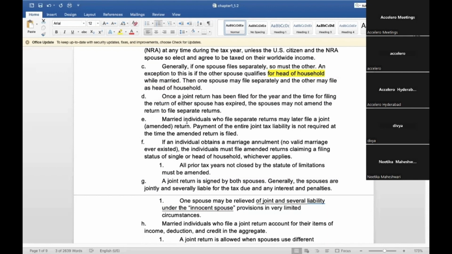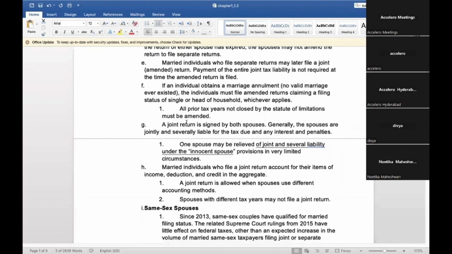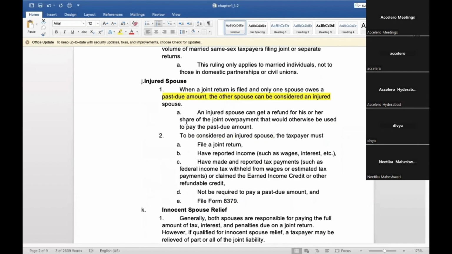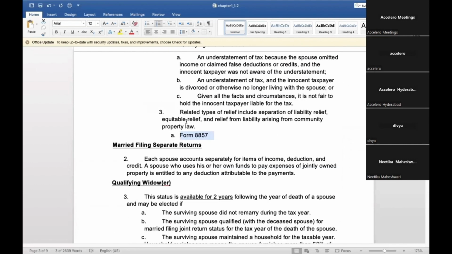If the time is not expired, then the spouse can file the return separately? Yes. Then they can go back and file it. They can amend it and file it, but both of them need to amend. Okay, ma'am. That was my doubt, whether both of them need to amend. Yes, obviously, because both of them need to have either the same status of married filing jointly, or they can have married filing separately, or one of them can have head of household and the other married filing separately.